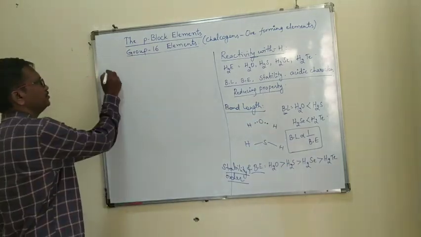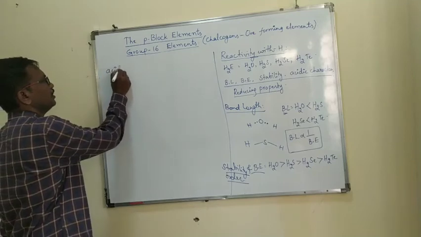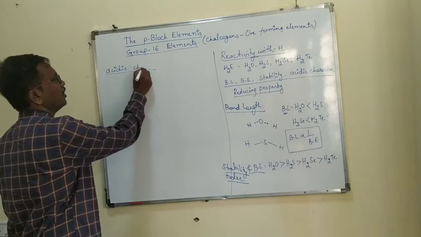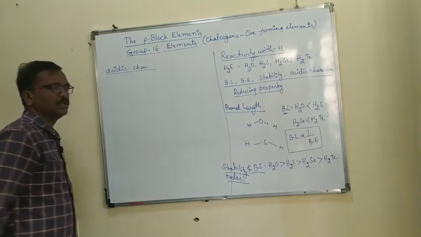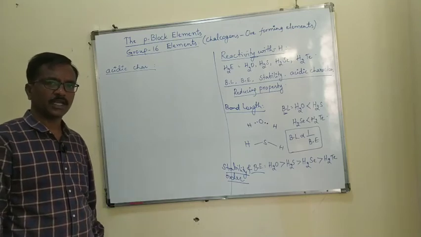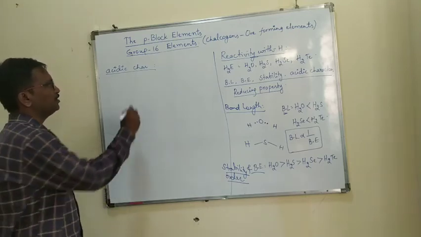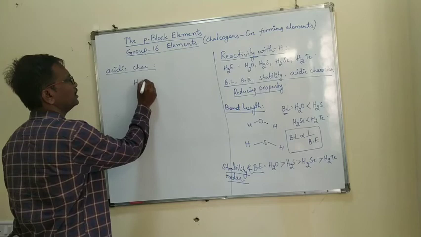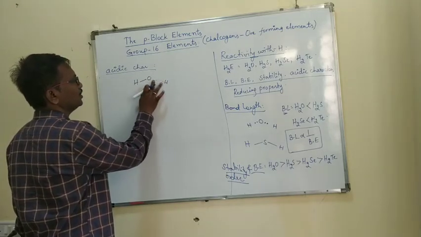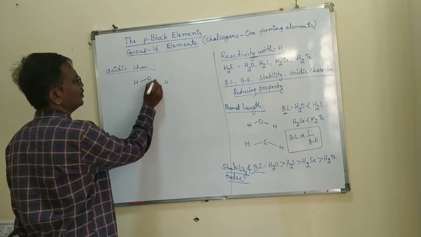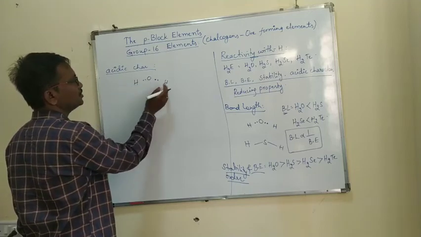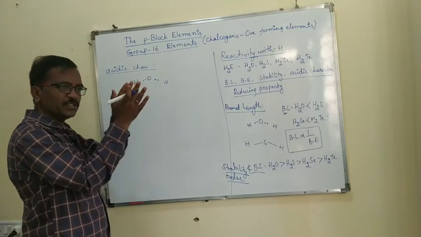Acidic character. What is the meaning of acid? According to Arrhenius, a substance which gives the H plus ion readily shows the more acidic character, right? So the bond pair electrons are nearer to the oxygen, so the bond is very short.